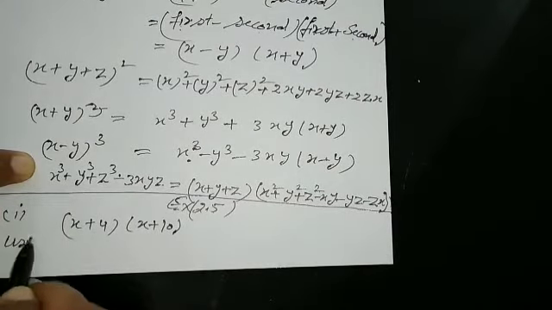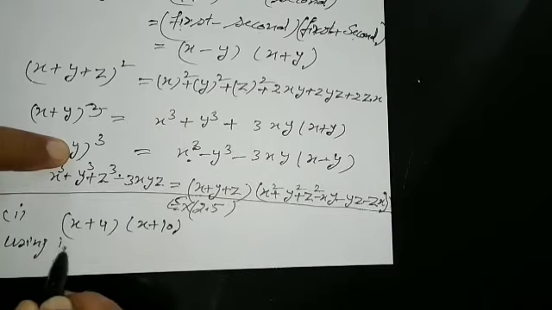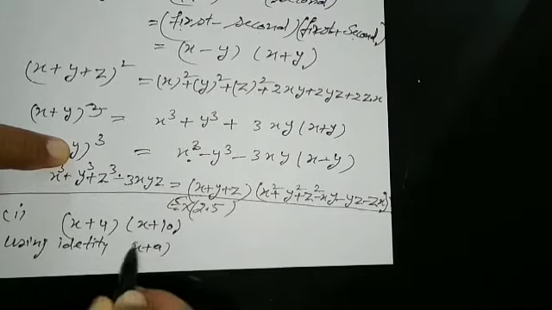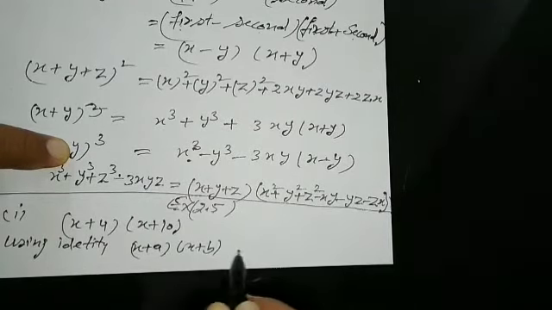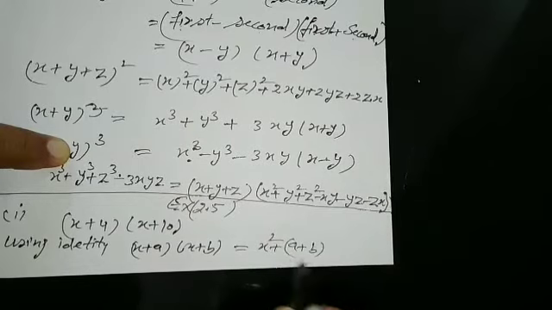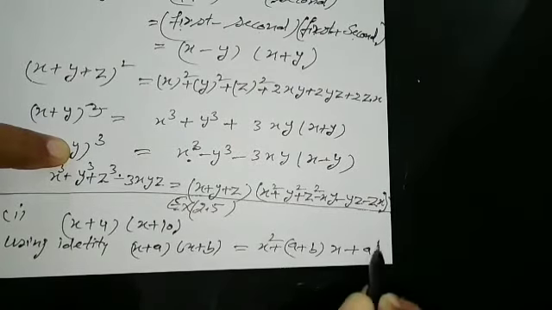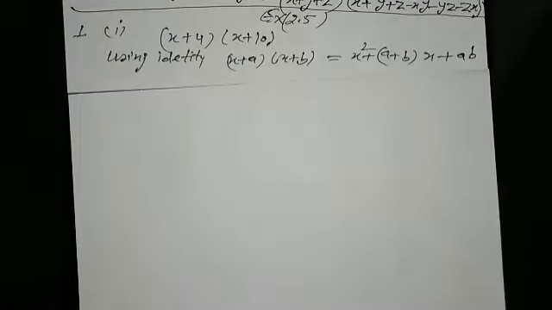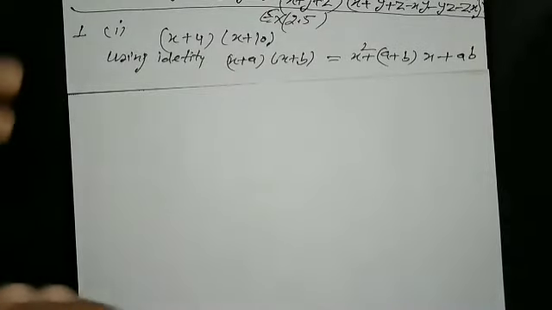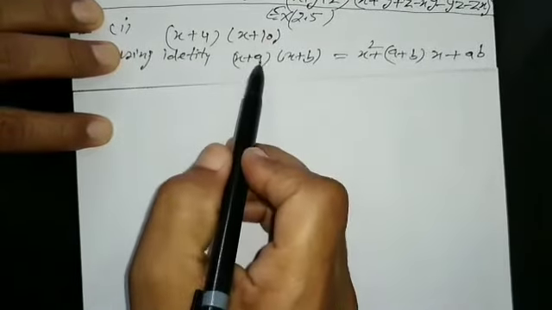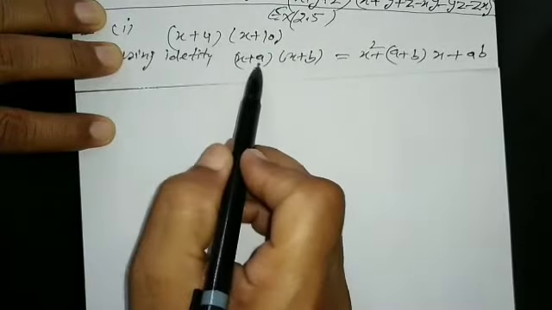Then you have to write here, using identity x plus a, x plus b equal to x square plus a plus b into x plus ab. Okay, so compare it with the given terms, given factors.